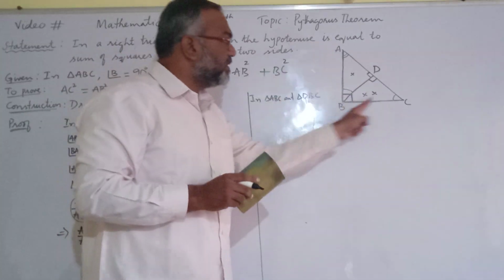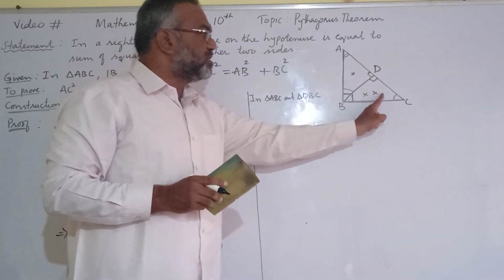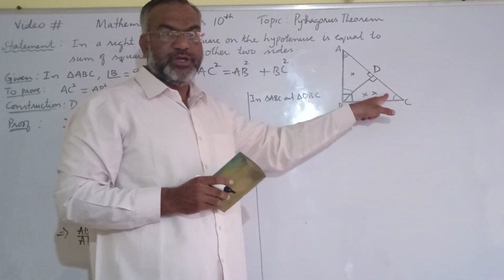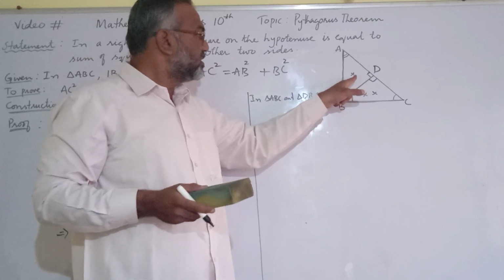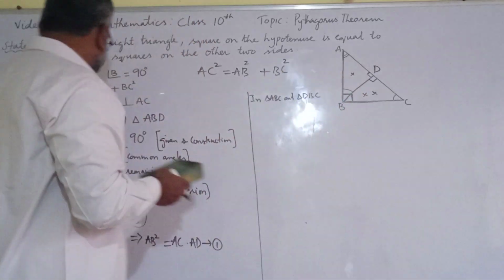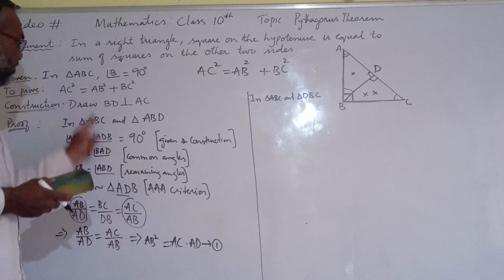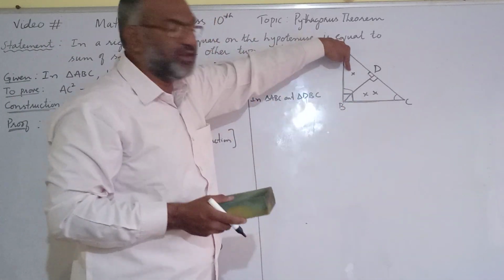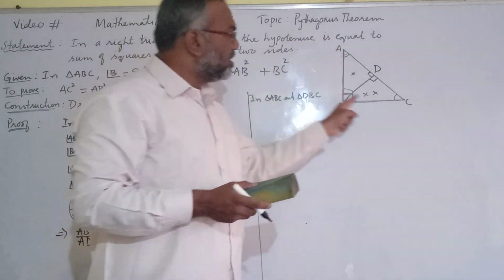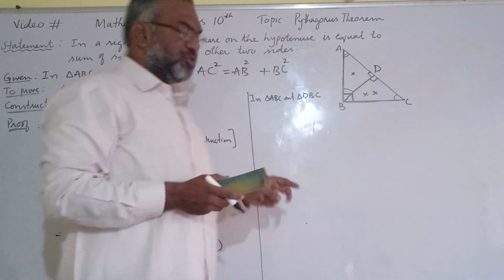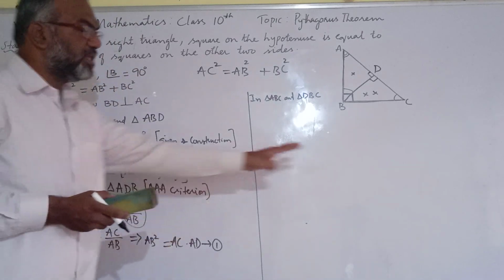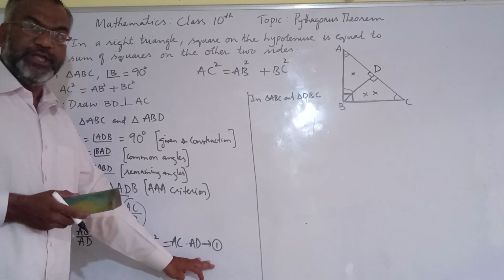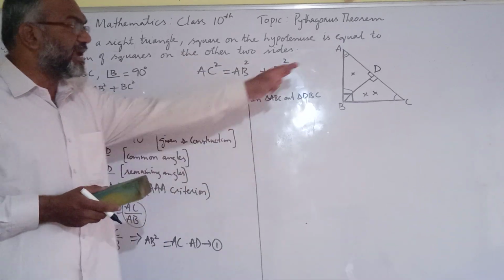When we drew BD perpendicular, two new triangles were formed, right? Now we are comparing this bigger triangle with this one. So same thing will happen and we will get another equation like equation number 1, AB square is equal to AC into AD.